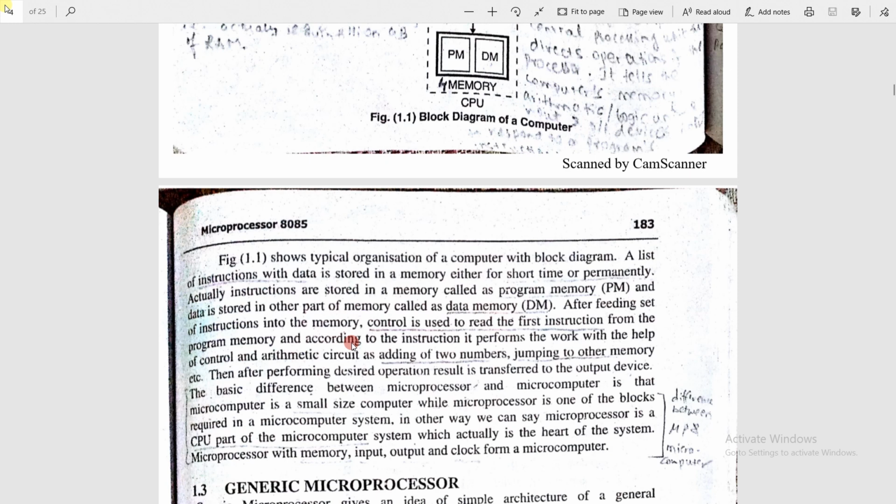The CPU performs the work with the help of the control unit and the arithmetic circuit. That operation can be addition of two numbers or jumping to another memory location. After performing the desired operation, the result is transferred to the output device.